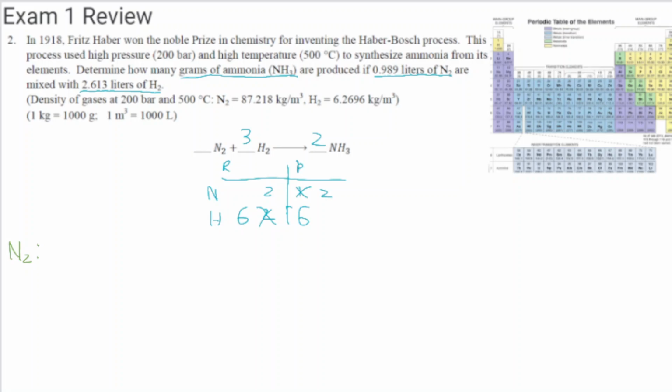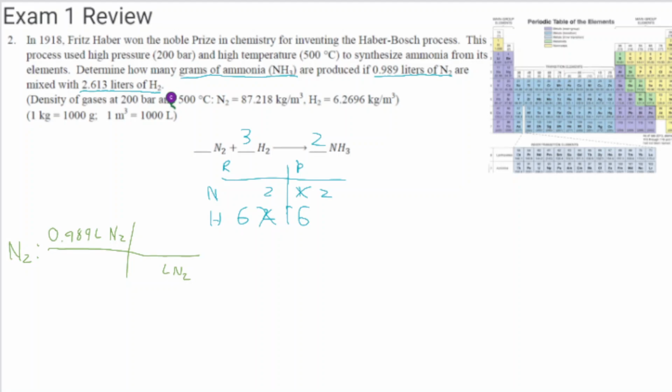So looking at the nitrogen, we're going to start off with what we began with. And so we're going to have 0.989 liters of nitrogen. All right, now we need to find something else that has liters of N2. And when we look at our problem, we don't see anything with liters of nitrogen.